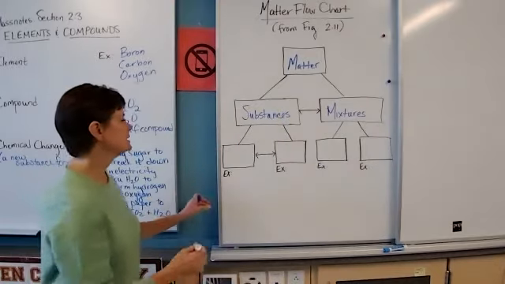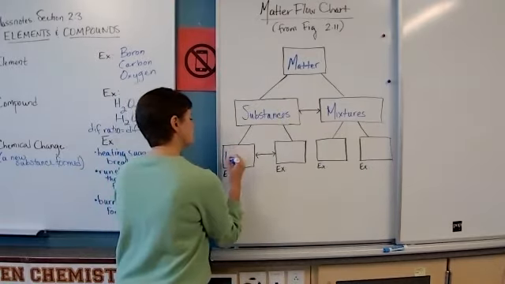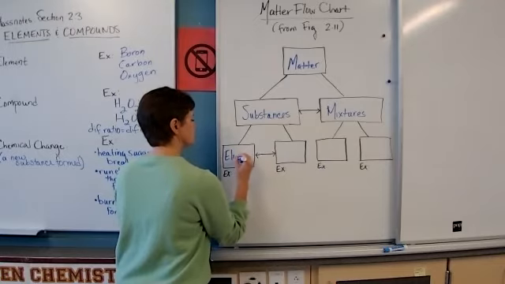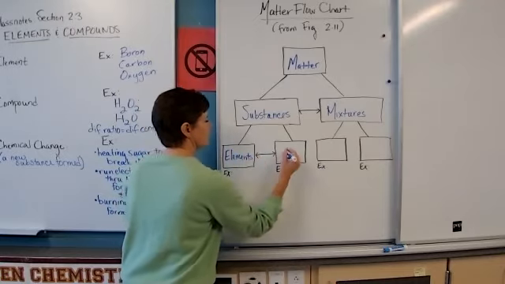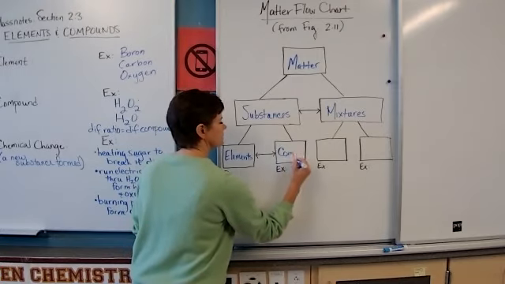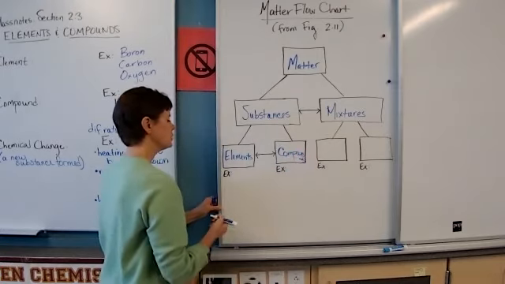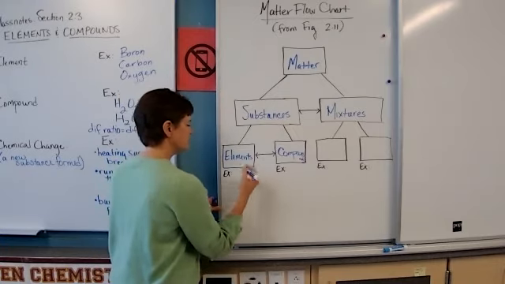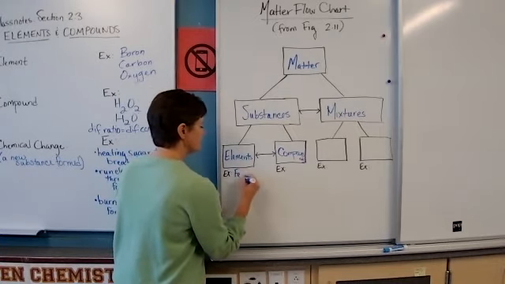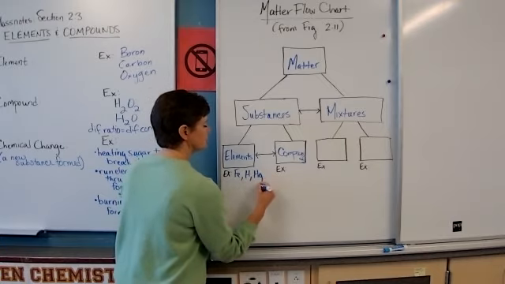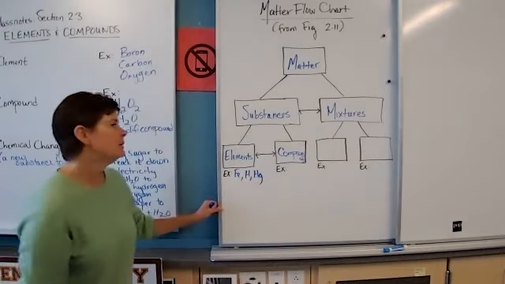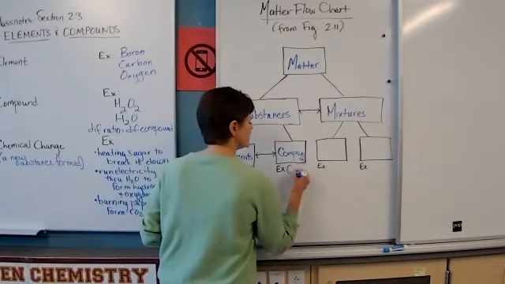Substances, sometimes called pure substances, can be broken up into elements or compounds. For element examples, look at your periodic table: Fe, that's iron; H, that's hydrogen; Hg, that's mercury, etc. Compounds would be things like CO2.